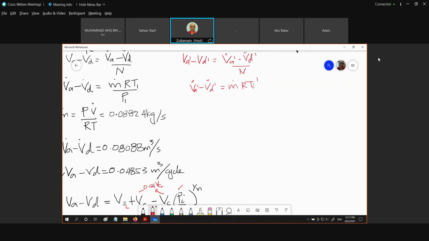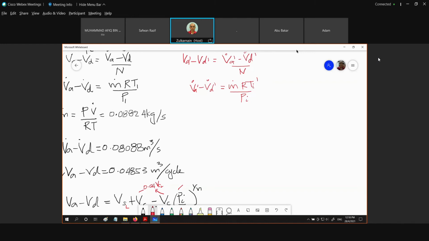So we divide by PI. The m dot is still the same as this because this is a steady flow. At any point of the process, we are going to have the m dot the same.